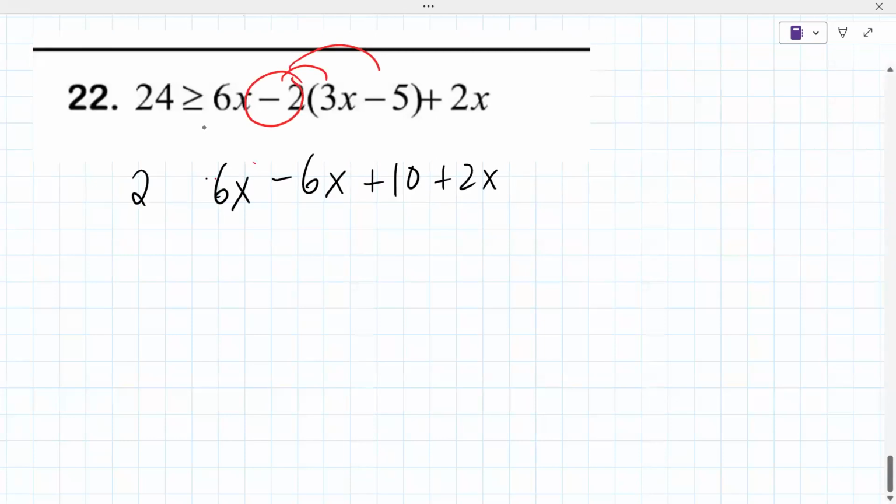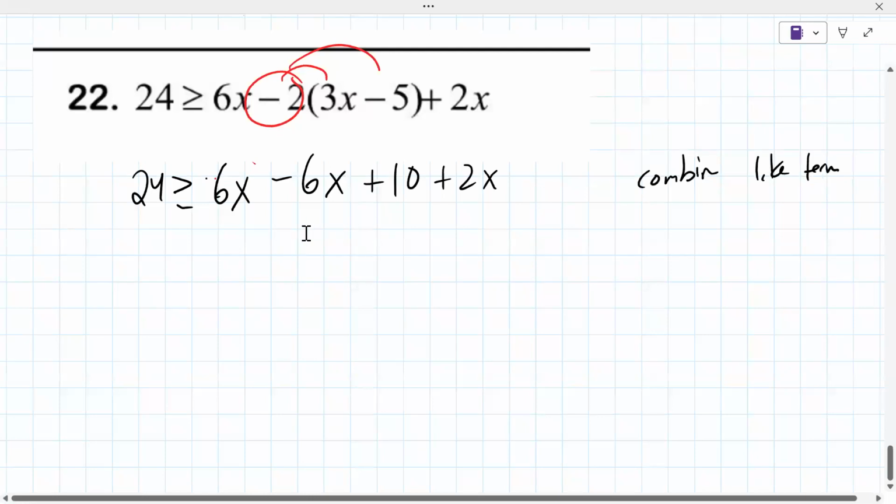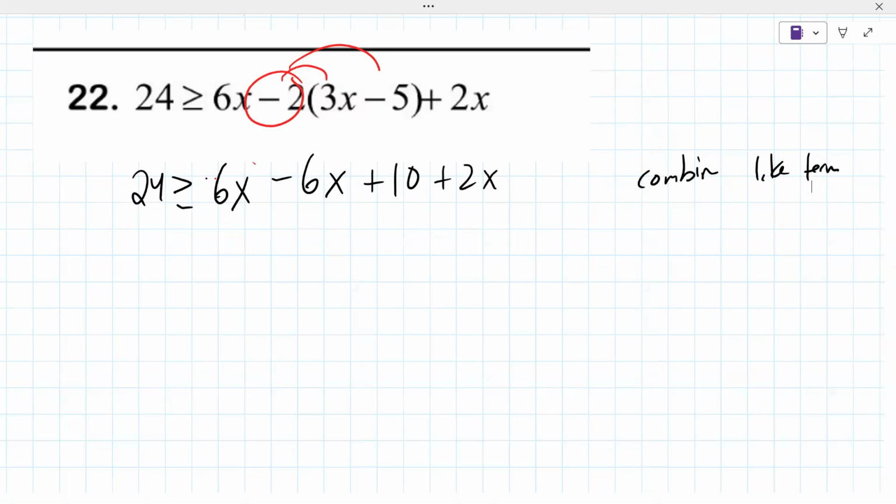And then you combine like terms. So what do you see on the right side of the equation here that you can combine? I see 6x and 2x and the other 6x. Yeah, so if they all go away, it becomes just the 2x.